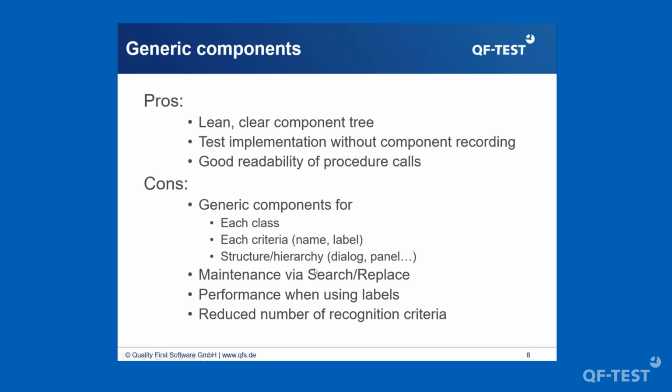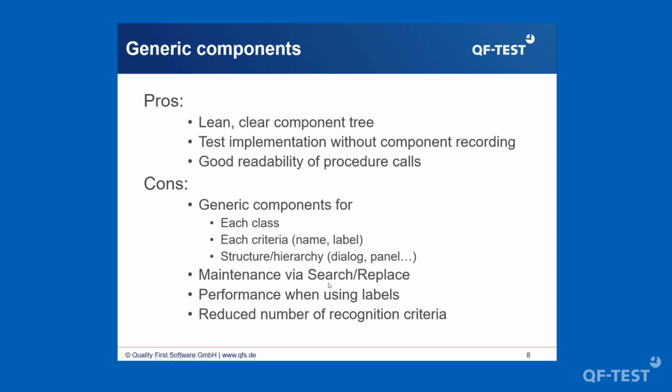And also, it's not very flexible, because when you have like the label applies to two text fields, then it's not flexible. You can implement it, but that wasn't that easy or not as nice.